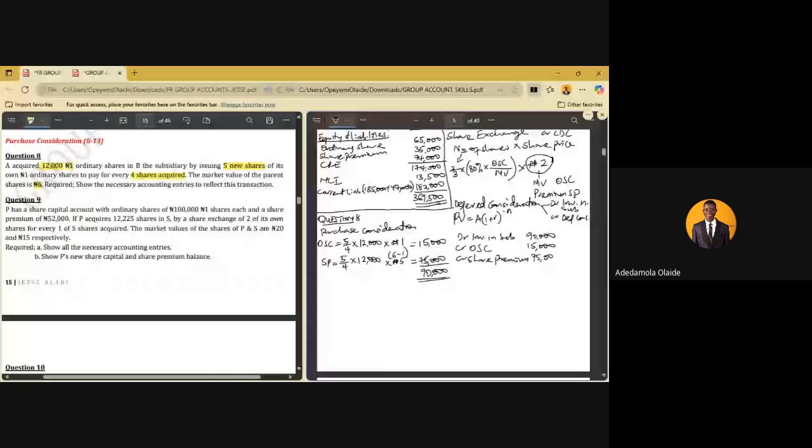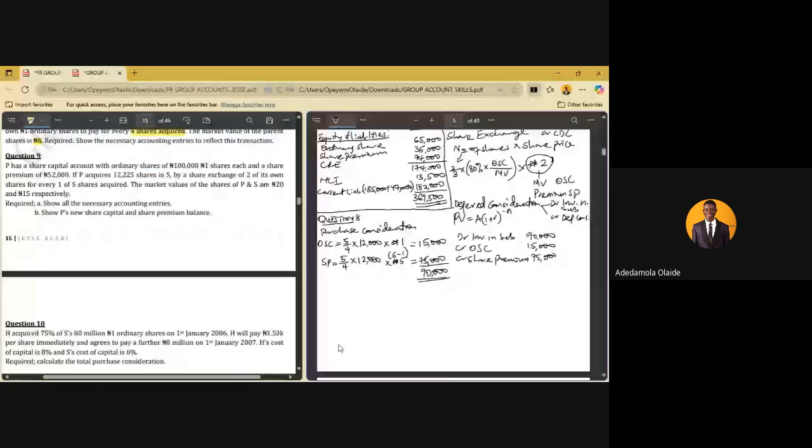So question 9, what do we have? Can someone read for us, please? P has a share capital account with ordinary shares of 100,000 naira, 1 naira each, and a share premium of 52,000 naira.